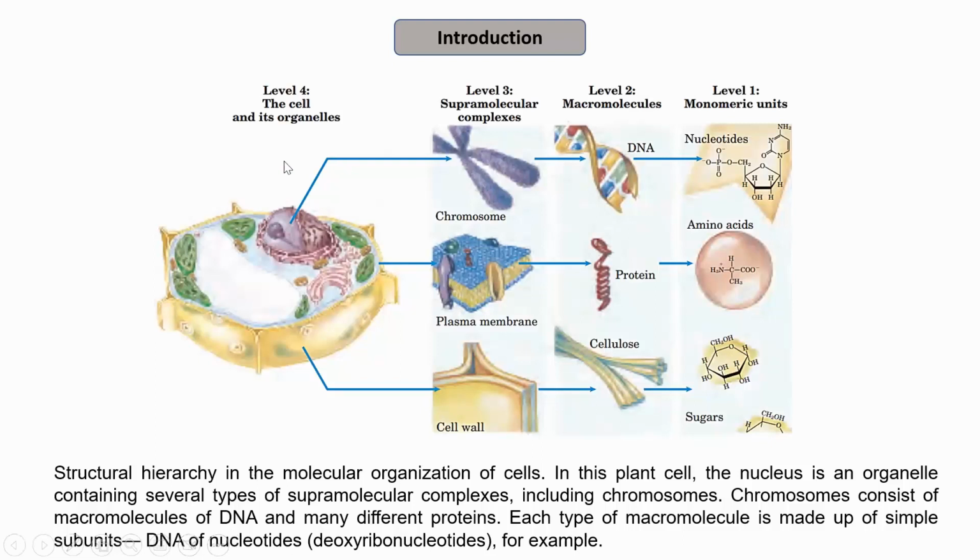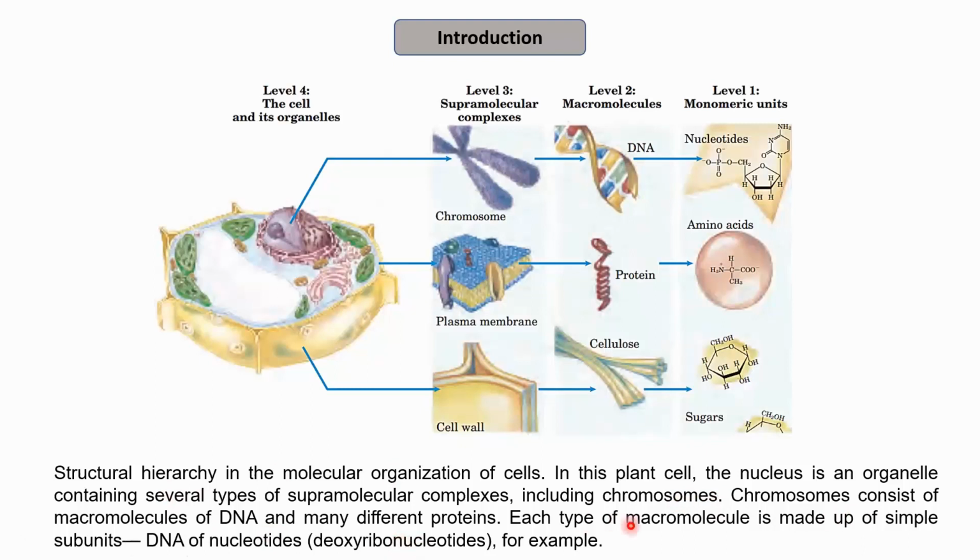So this diagram represents the structural hierarchy in the molecular organization of the cells. In this plant cell, the nucleus is an organelle containing several types of supramolecular complexes, for example, chromosomes. The chromosome consists of macromolecules of DNA and many different proteins.